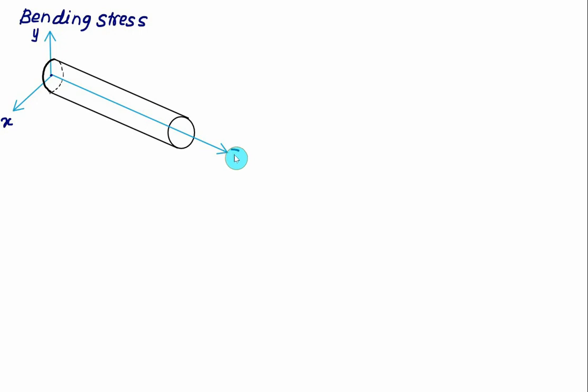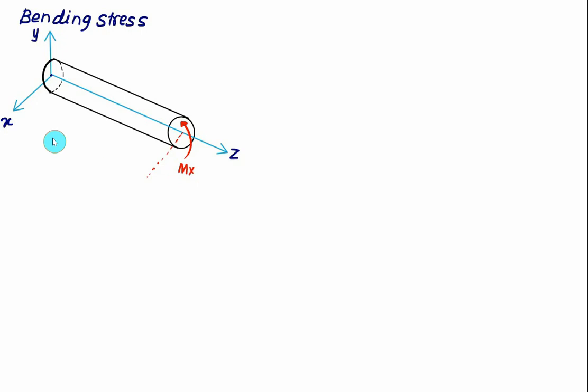the z axis. Suppose this bar is subjected to a uniform bending moment equal to m, and we'll consider the moment about the x axis. So this moment about the x axis will be called Mx.